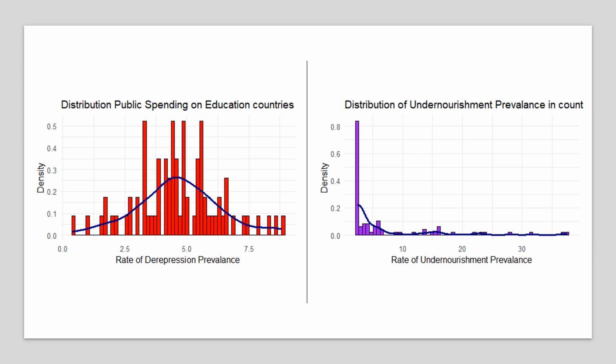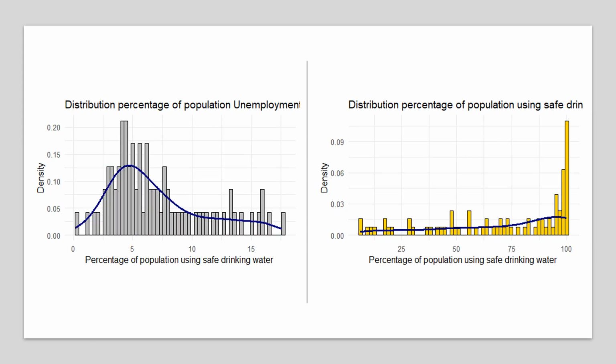That looks a little normal to us, and then as you can see, a lot of these other ones are definitely not normal distributions. Sort of like this undernourishment prevalence in countries. Then here we have the distribution of population for unemployment and the distribution of percentage using safe drinking water.